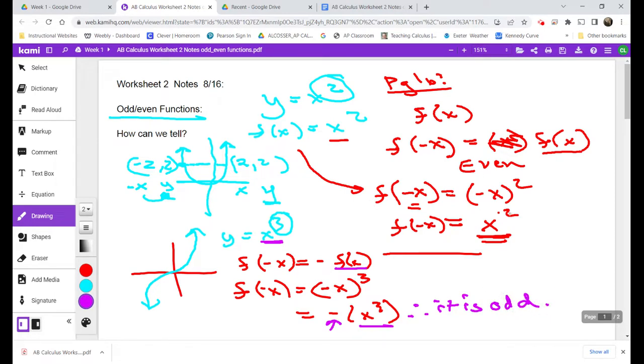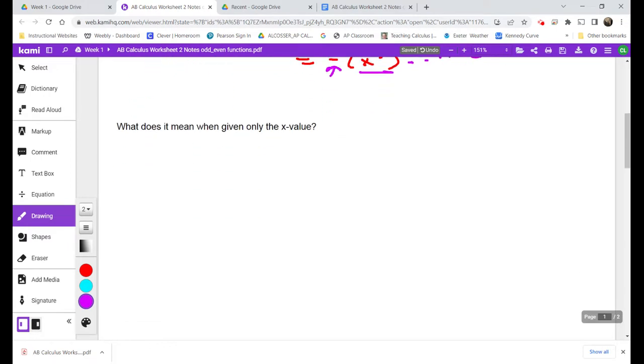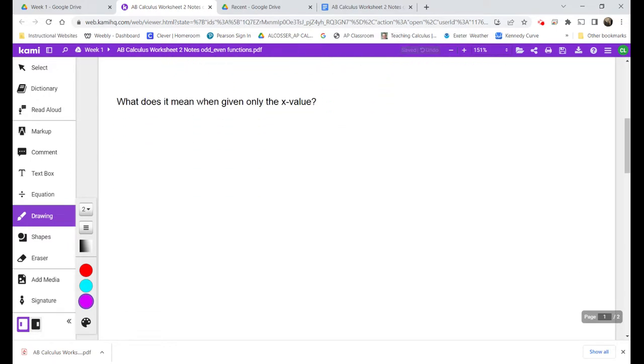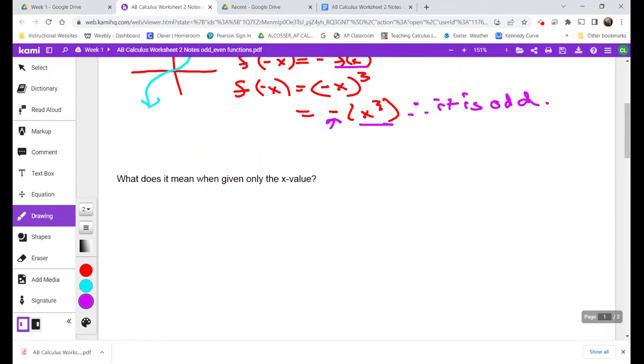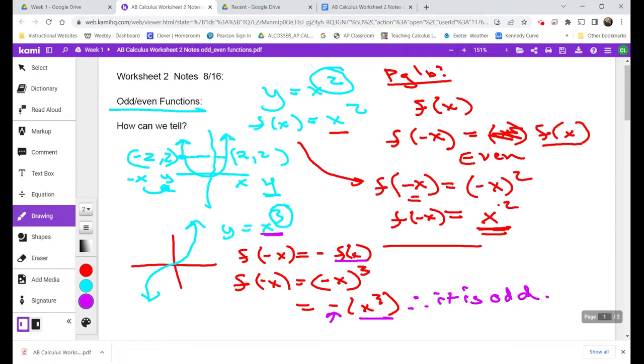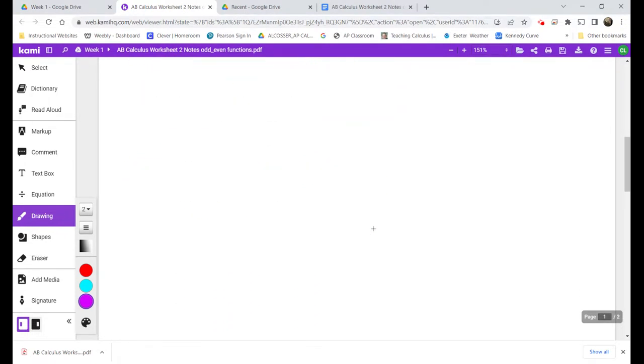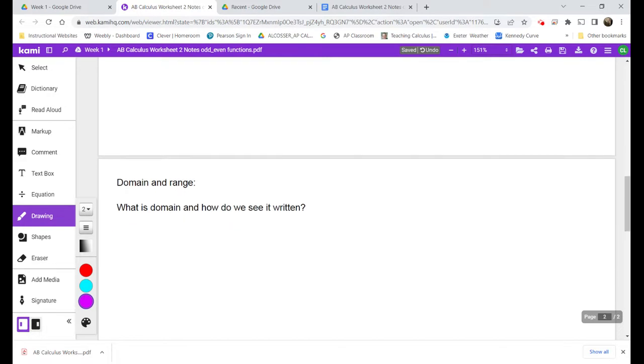We'll go over a few of these because they can get confusing. What does it mean when given only the x value? I'm trying to think of why I asked you guys that question. It's going to pop up on the worksheet, I guarantee it.